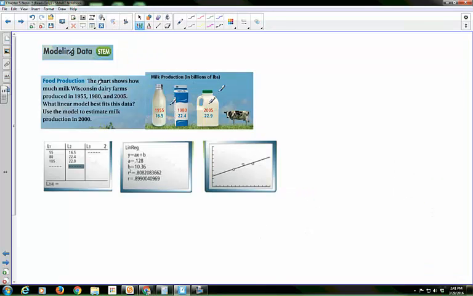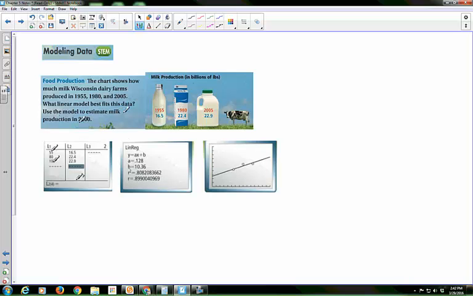So milk production in 1955 was 16.5, in 1980 was 22.4, and in 2005 was 22.9. The chart shows the dairy farms. So what linear model best fits the data? We have 3 data points, so that means we have a linear model. So we're going to use the model to estimate milk production in 2000.